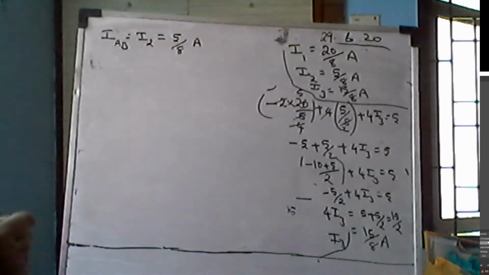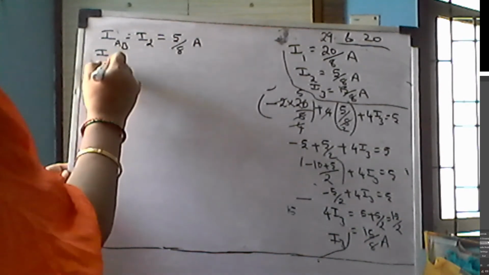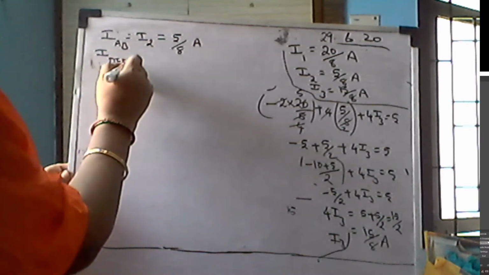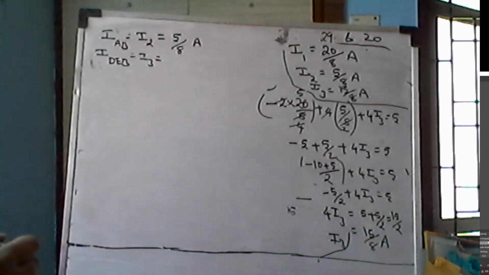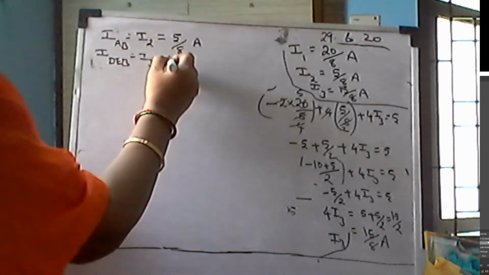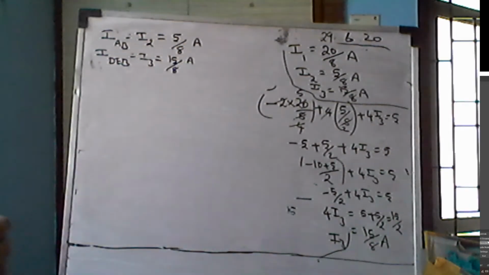Then I across DEB, that is I3. I3 is nothing but 15 by 8 ampere. Then I across AD.